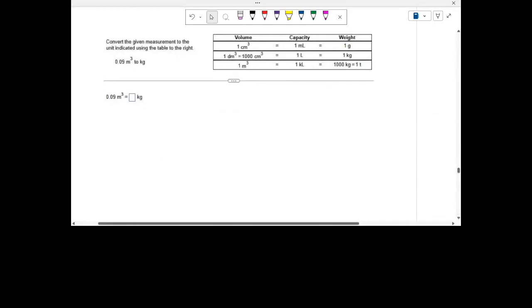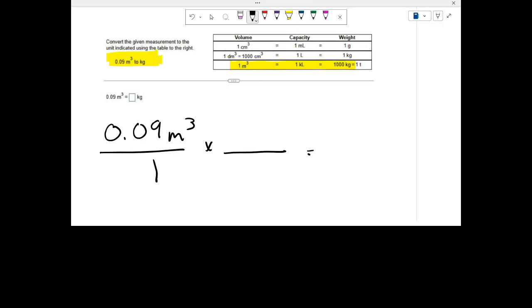So first thing I'm going to do, y'all, I'm going to look at my problem, and we have 0.9 cubic meters, and we're going to try to convert that to kilograms. Okay, so what I need to find is, in any one of those rows, do we have anything that talks about cubic meters and kilograms?